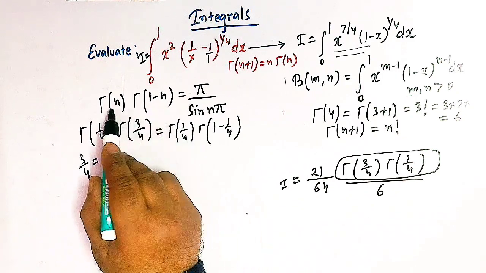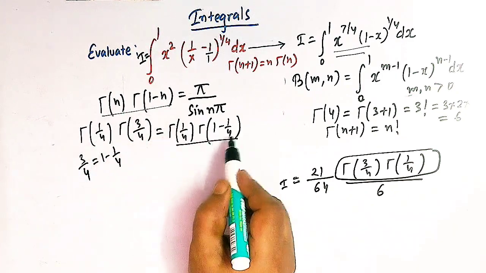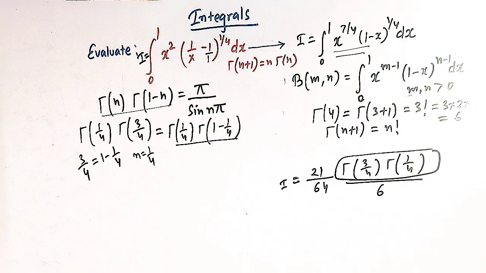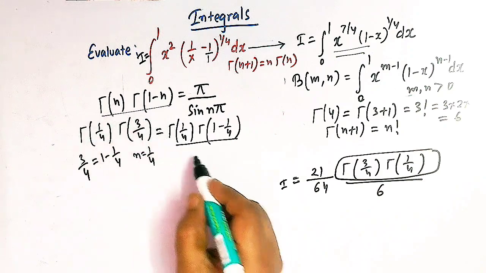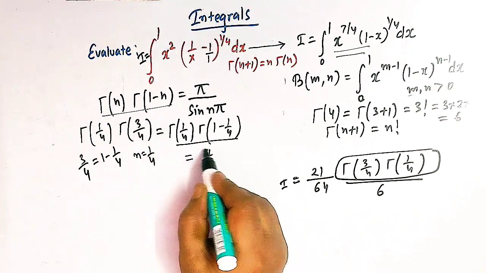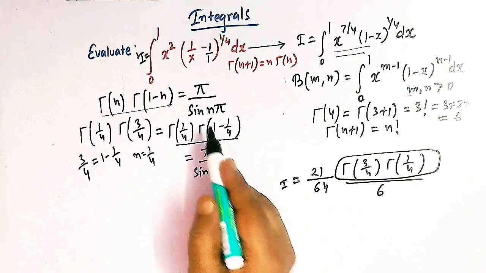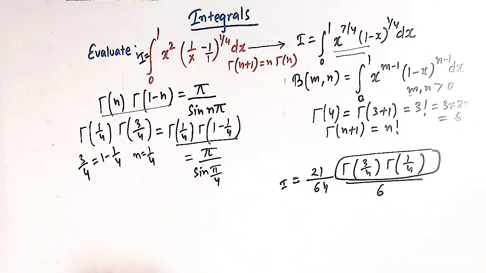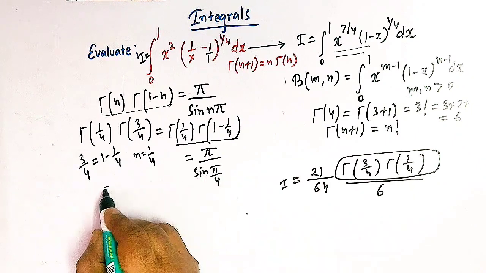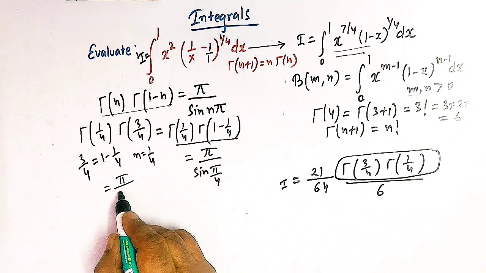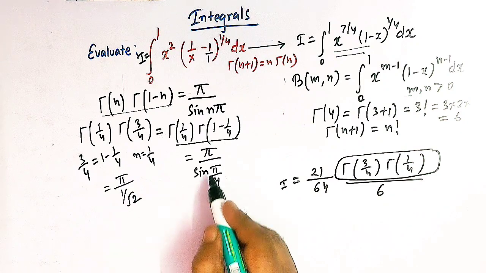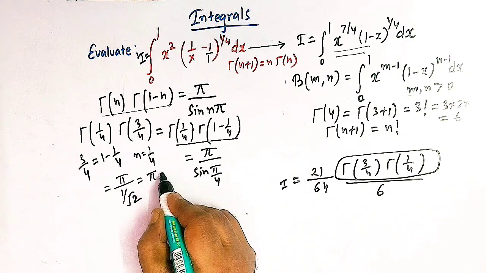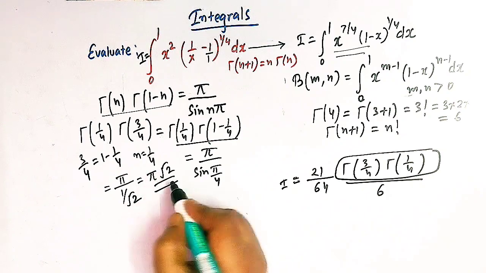If we compare, the value of n is equal to 1 by 4, right? So this quantity is equal to pi divided by sine of pi by 4, and sine pi by 4 is given by 1 over square root of 2, because this is sine 45 degrees. So this is now equal to pi times square root of 2.